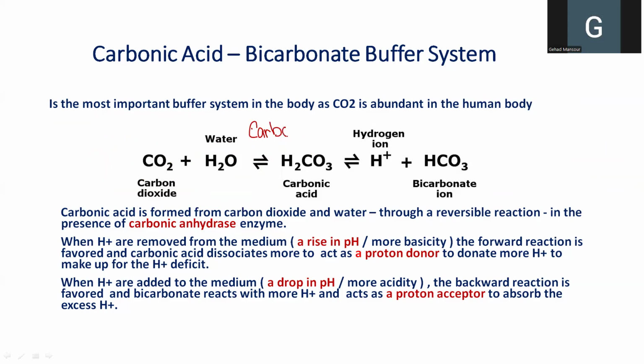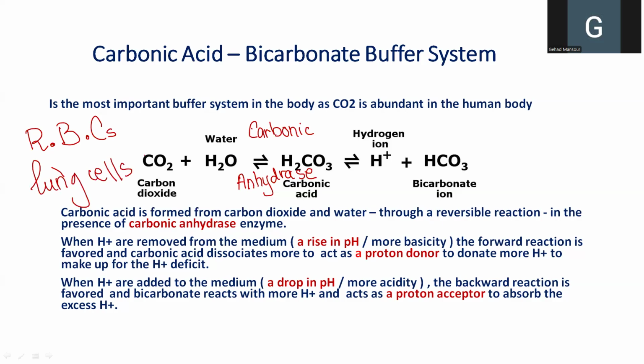That enzyme is called carbonic anhydrase enzyme, and that enzyme is present in the blood and in many body cells, but in particular in red blood corpuscles, which are the red blood cells, but we call them corpuscles because they are spherical and they are non-nucleated. And it's also abundant in lung cells.